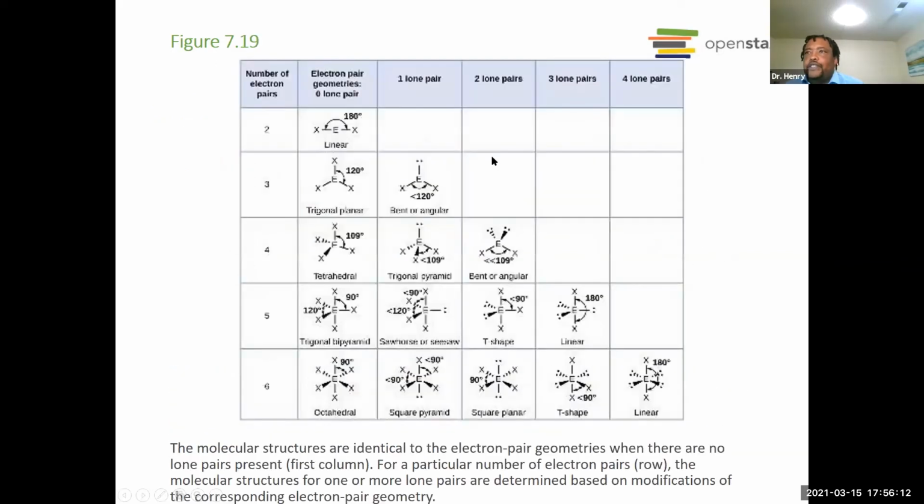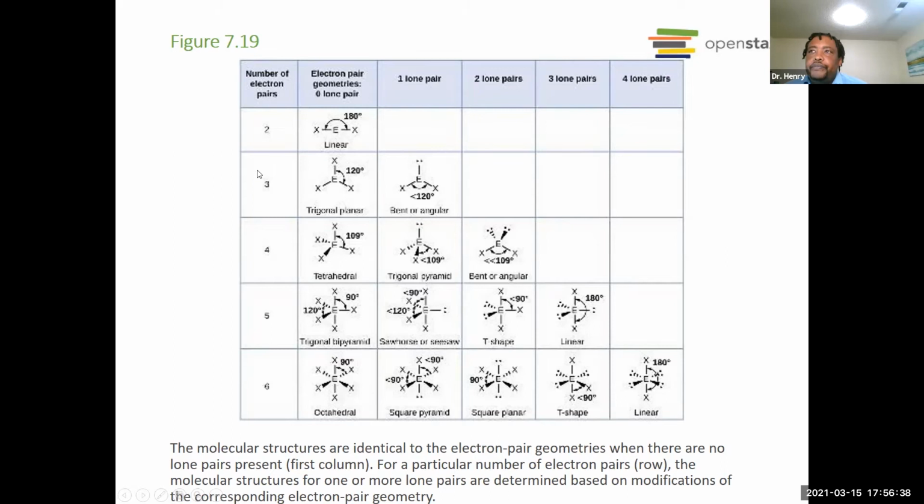Okay, so that brings us to our nice little table to help us understand the molecular geometry versus the electron pair geometry. If we have 2 things attached and there are no lone pairs, it's going to be linear. So 2 things attached to our center atom is always going to be linear.